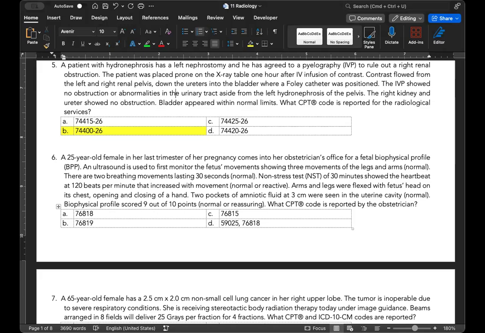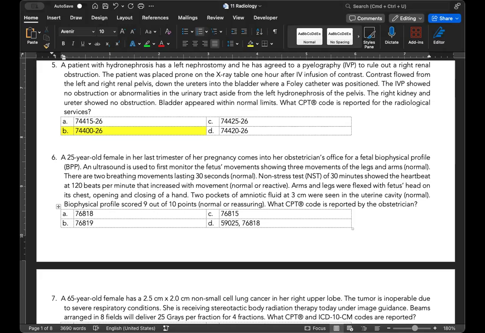So let's look at 76818 and 76819. So Sylvia, give me just a second. Let's look at the 76818 and the 76819, and I'll let you know why we're not choosing 59020.